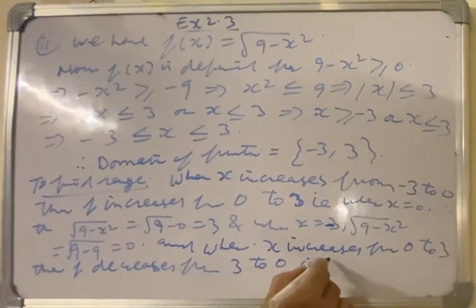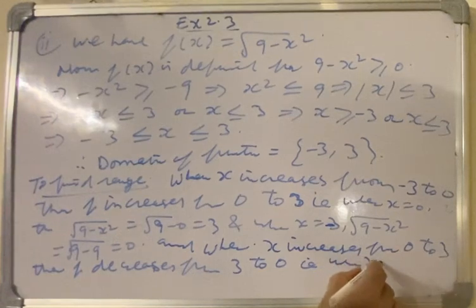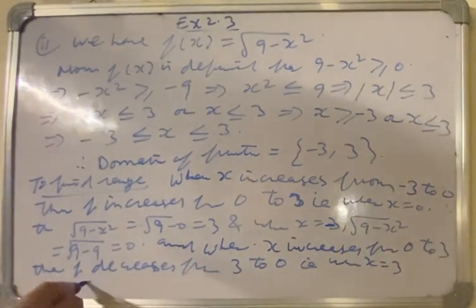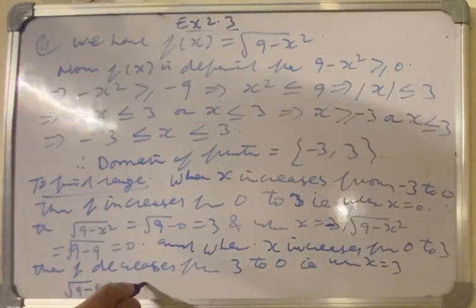That is, when x is 3, then 9 minus 9 is 0.